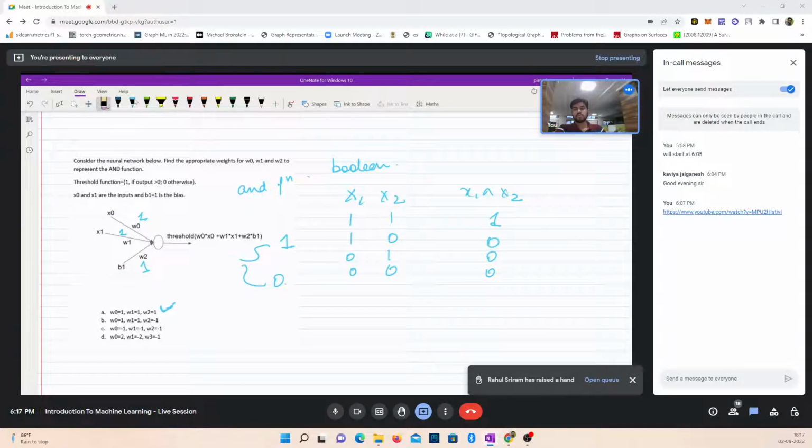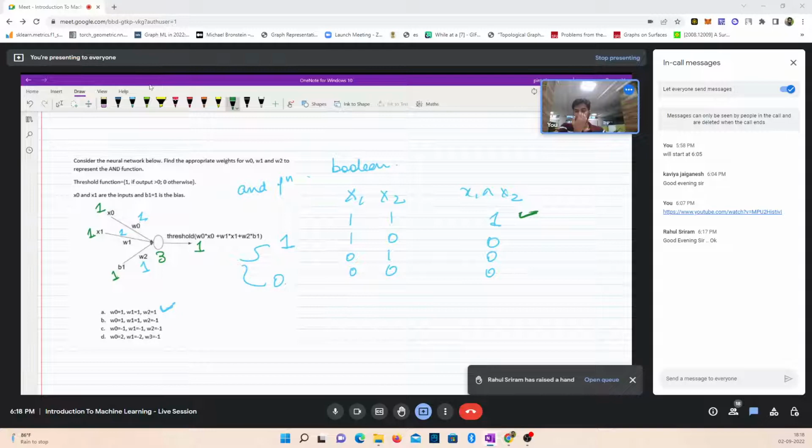So we have all the entries as 1. Let's see, we are passing x1 equal to 1 and x2 equal to 1. Let's take this example. What would happen is, this would be 1 times 1 plus 1 times 1 plus 1 times 1. What would we get? 3 over here. Because it is thresholded on 0, what is the output that we'll get? We'll get 1. So for this case, it is being satisfied.